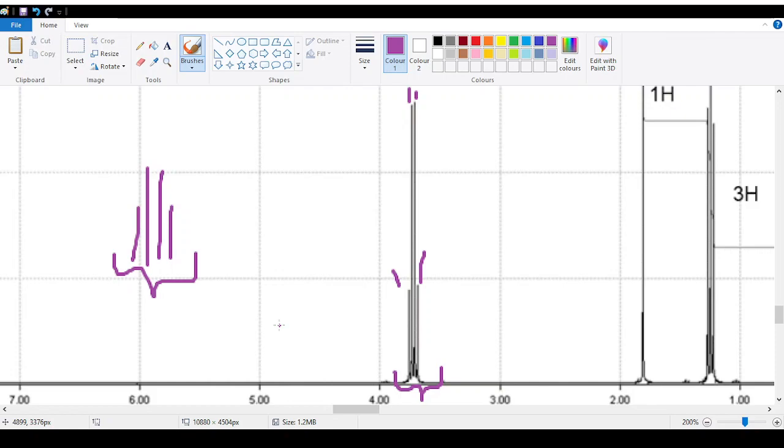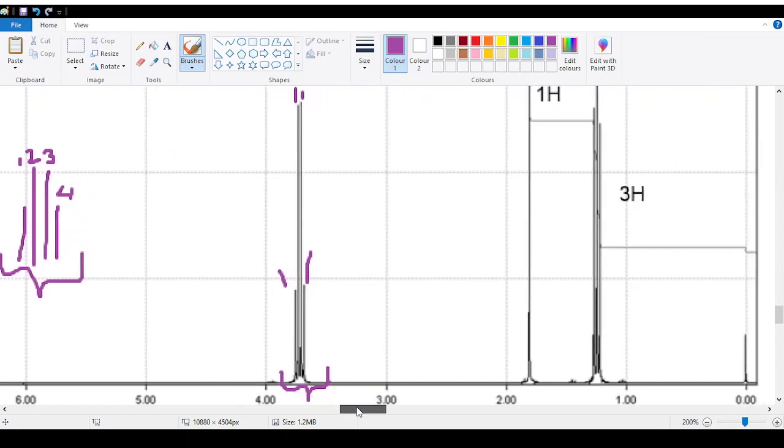And you can see the quartet. Do you understand why I'm calling this a quartet? Because there's one, two, three, four. There are four splitting patterns together.